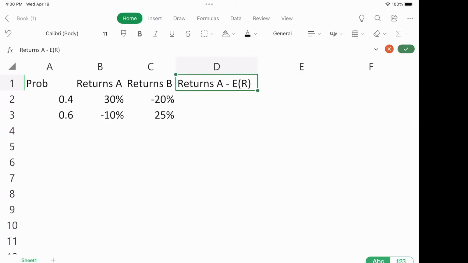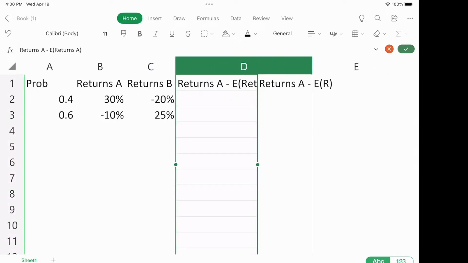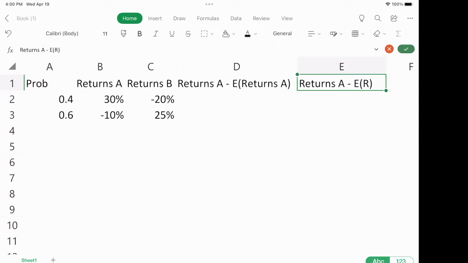I have to do the same thing for B. And I want to say this is of A. That looks confusing. I can't do subscripts in this Excel, so that's what you get. And then here it's the returns on B. Let's do that again.